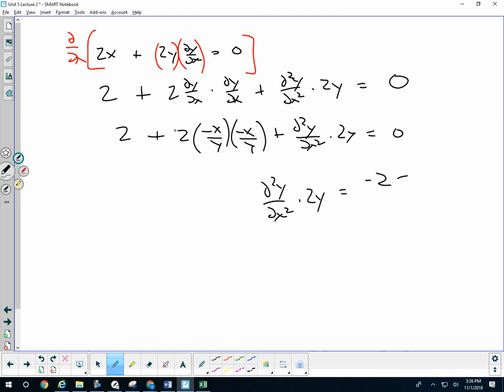This would end up being 2x squared over y squared. I don't even know if this is going to be correct. It's got to be correct. And then negative 2 minus x squared over y squared, over 2y. What was our derivative? I don't know if those are the same.